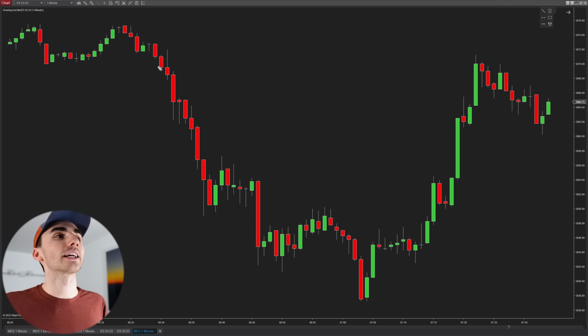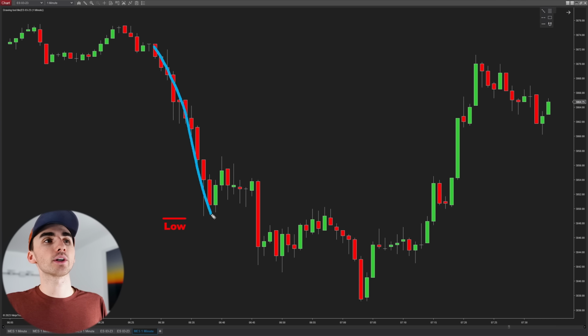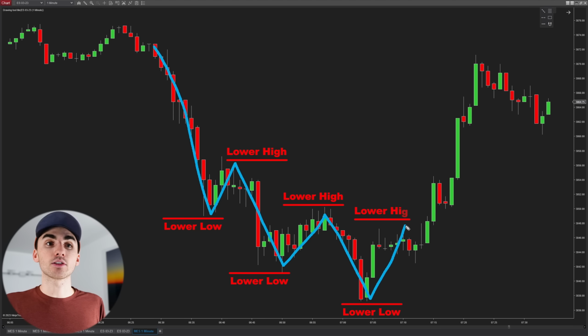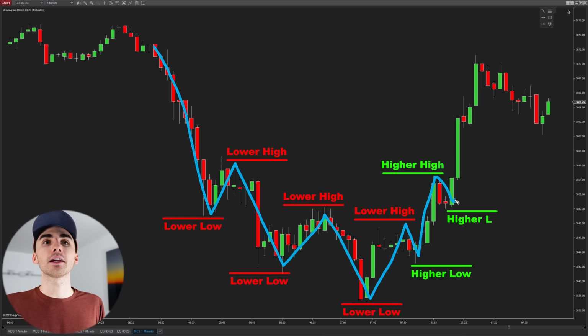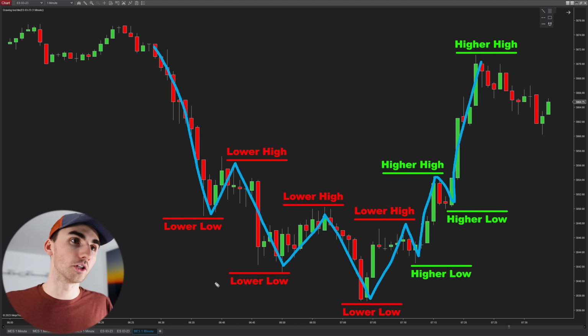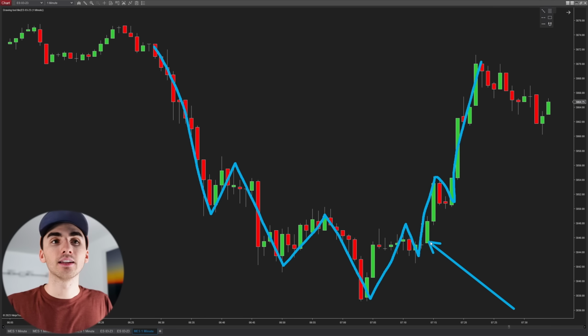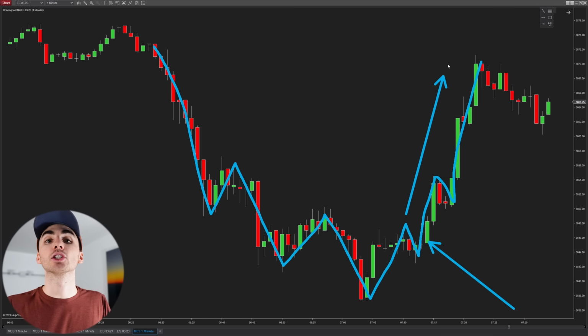To show you what this looks like on an actual example, here we have a downtrend making lower lows and lower highs, and then it starts making an uptrend of higher highs and higher lows. And so down here, when we see this higher low put in, we can use that as an entry point into betting that the market is going to reverse.